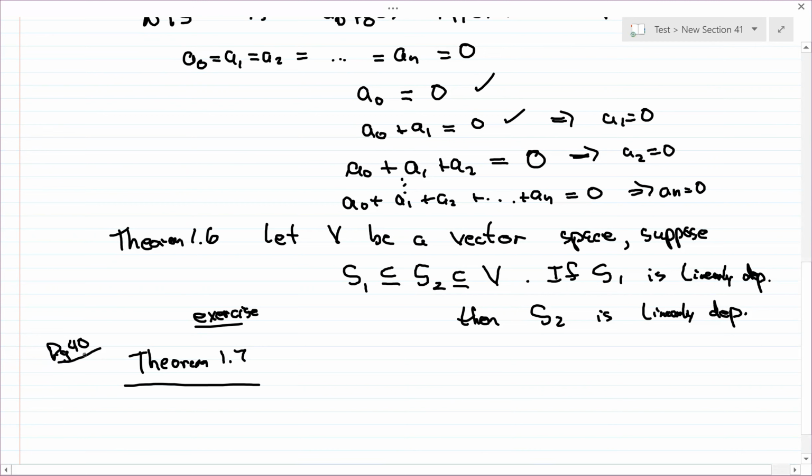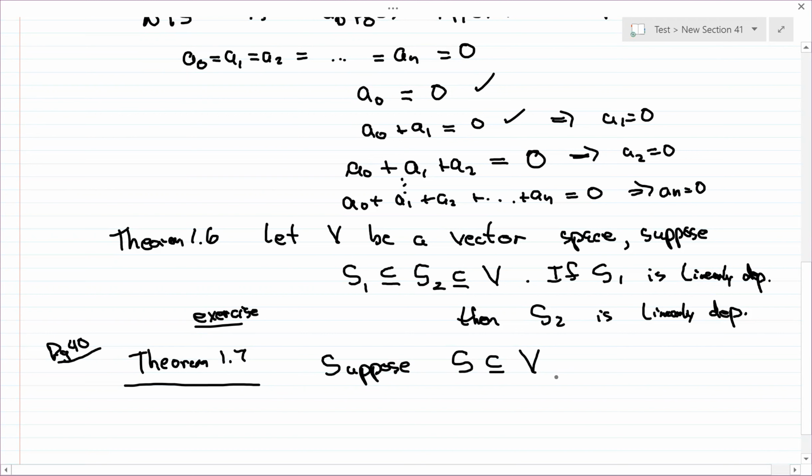The book says the following: let S be a linearly independent subset of a vector space V. So suppose S this time is again a subset of V. V is again a vector space, so the same assumptions about these.